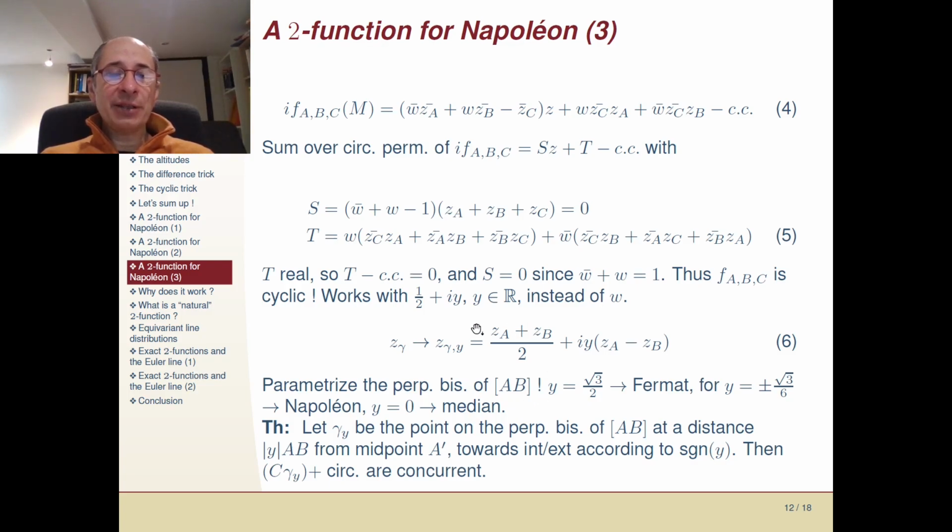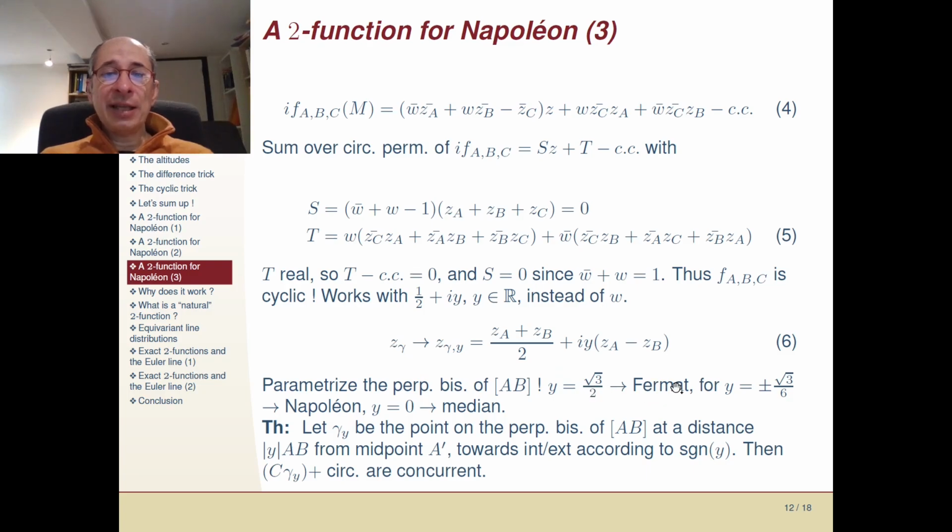So what this tells us is that for each value of y, we will obtain a certain point on the perpendicular bisector of AB, and joining these points with the opposite vertex, we obtain 3 concurrent lines. So for instance, if you take y equals square root of 3 over 2, this is the case we started from, so this is exponential i pi over 3, so this point here will be equal to z gamma.